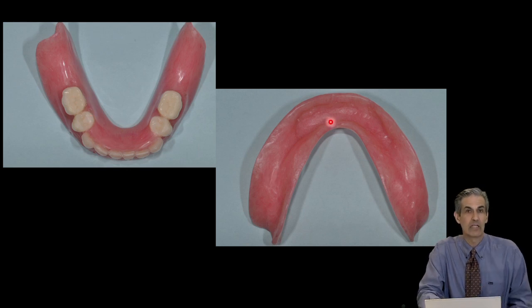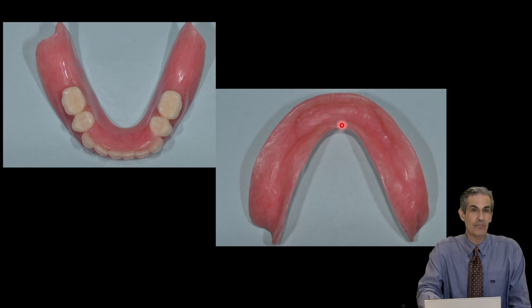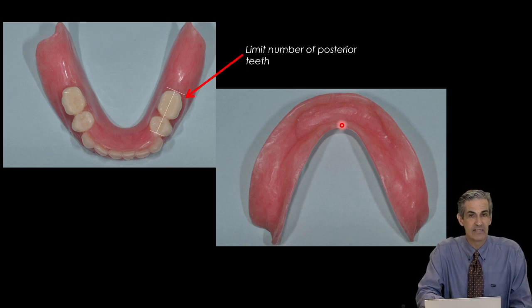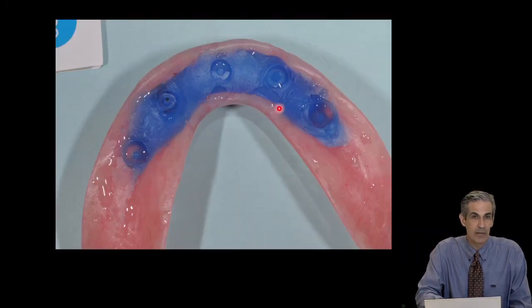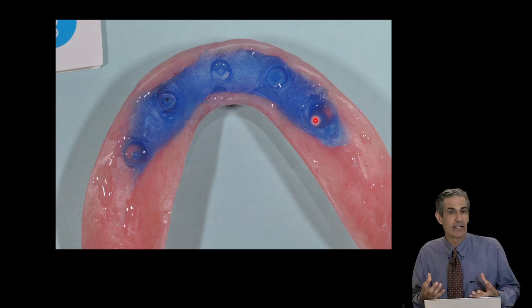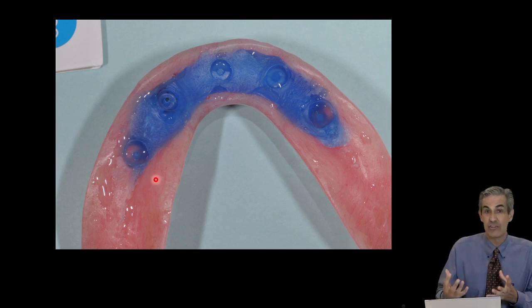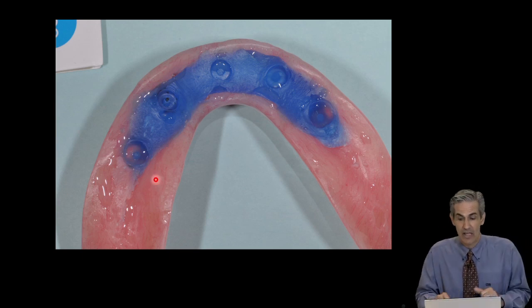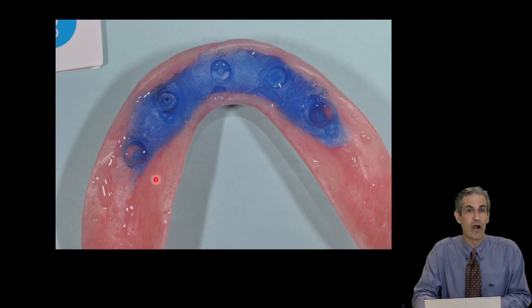But how do we fit it really intraorally? We take and put some blue wax inside the denture. This picks up where the healing abutments are. We'll mark these points of contact and we'll adjust the acrylic resin so there's no contact between the denture and the healing abutments. Then we can go back and do a hard reline of the denture.